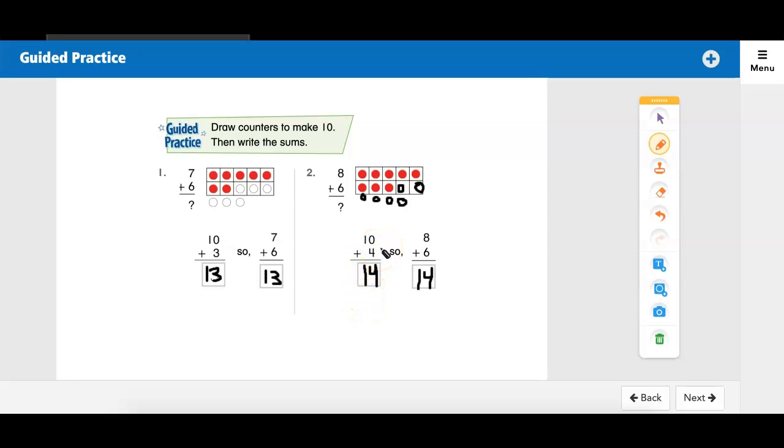So we are just making 10 to help us solve. So as you work through your problems today, our two sums are going to be the same number.